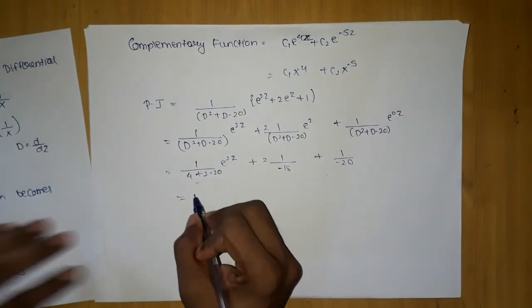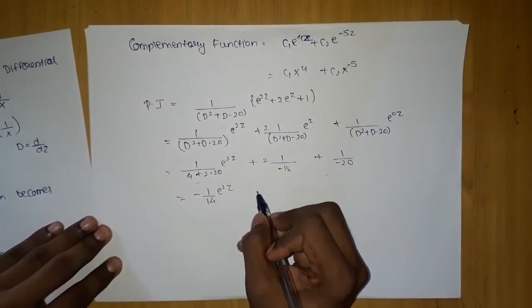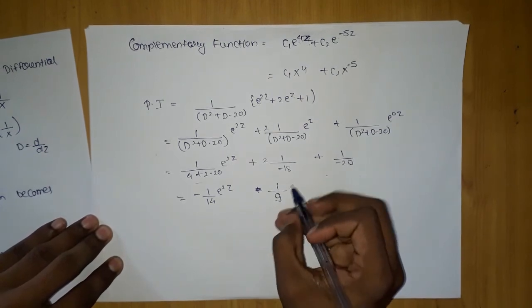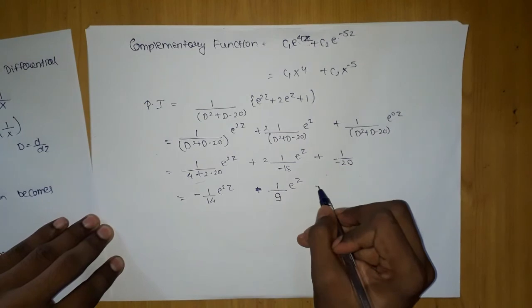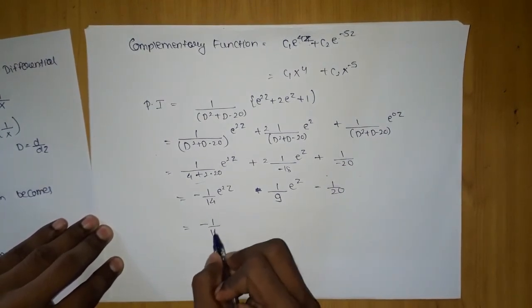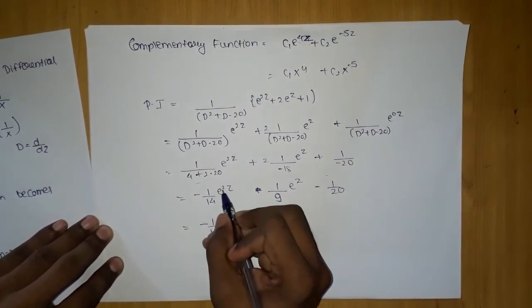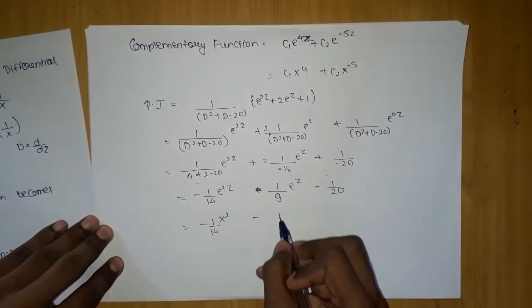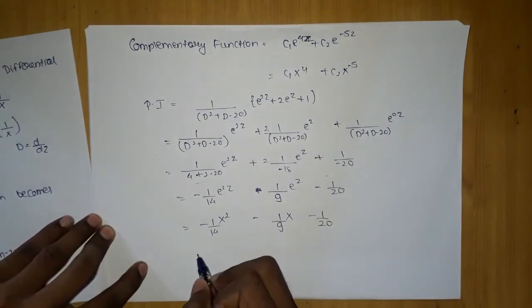So you are getting minus 1 by 14 e to the power 2z, here minus 1 by 9 e to the power z, and here minus 1 by 20. If you resubstitute, minus 1 by 14 e to the power 2z can be written as x square, minus 1 by 9 x, minus 1 by 20. So you are getting this thing.